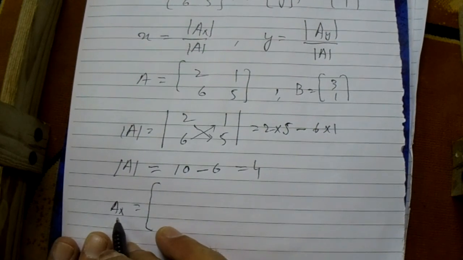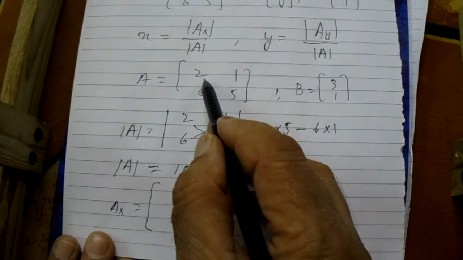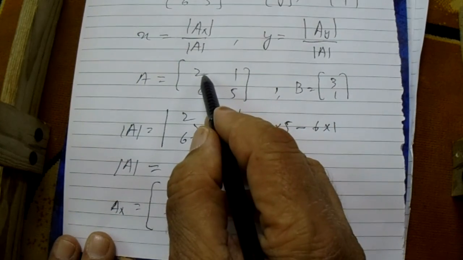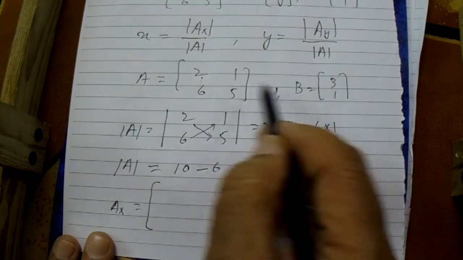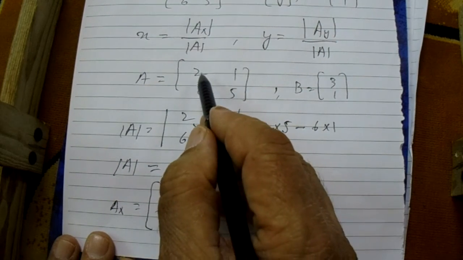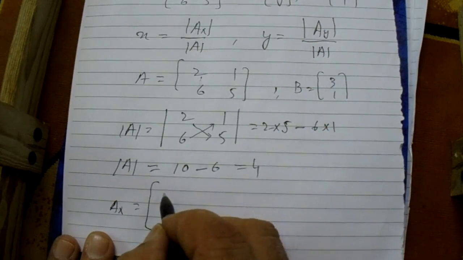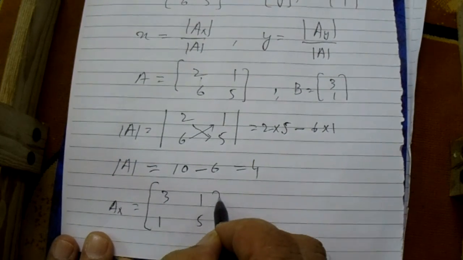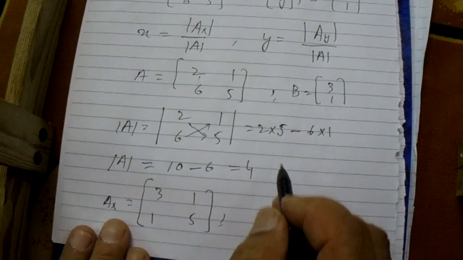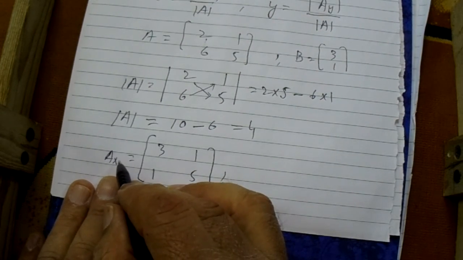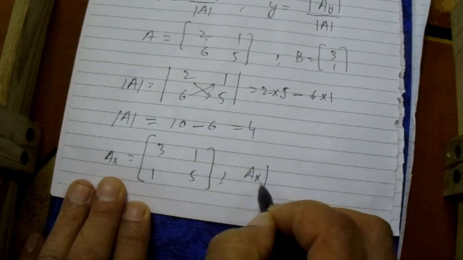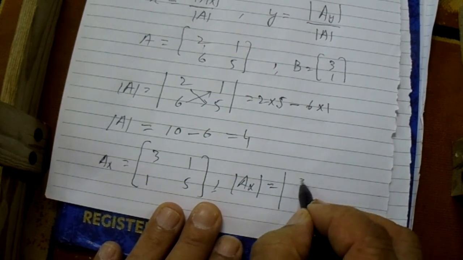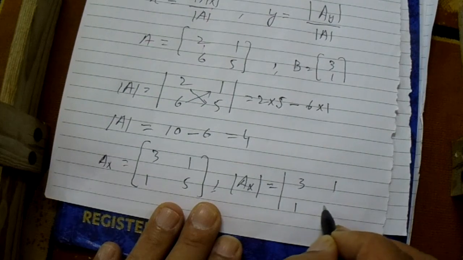For matrix Ax, we replace this column by these values. It means we remove this and we write 3 1, and the same 1 5. Now we write the matrix Ax as 3 1 1 5.